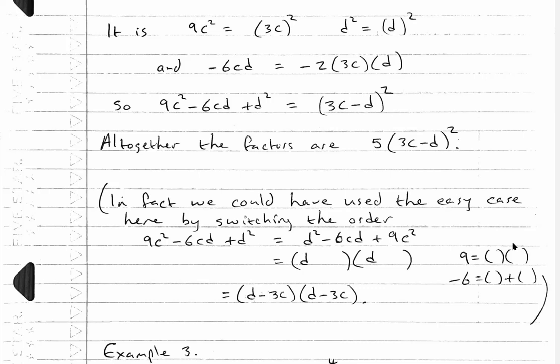Right, so 9 as a product, negative 6 as a sum. Yes, so we need negative 3 and negative 3. So it's d minus 3 times d minus 3, and include those c's to get the c's as well.